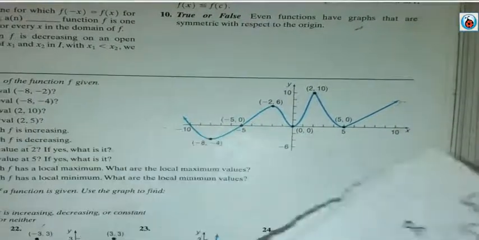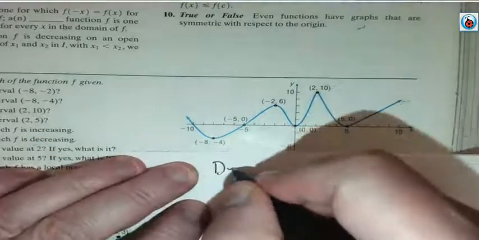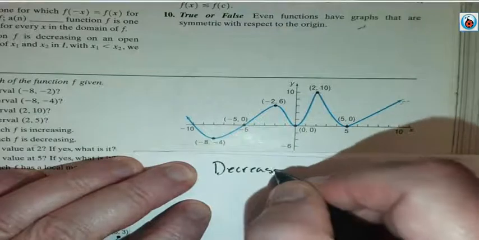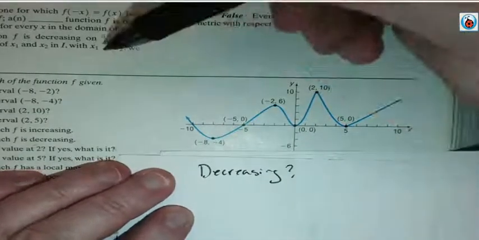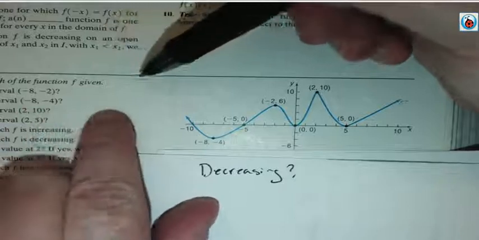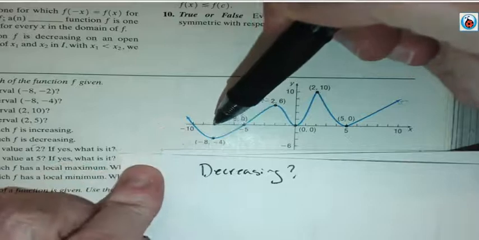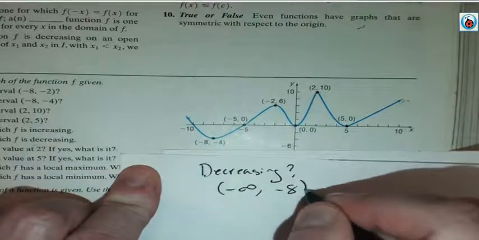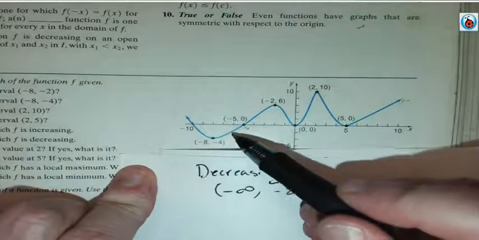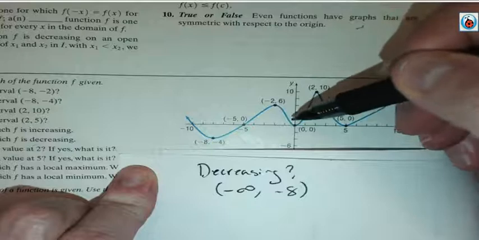Okay, so where is this decreasing? Whenever you move left to right, you're going downhill. So I'm coming in from -infinity and we're going downhill up until x gets to -8. Okay, I'm no longer going downhill, but I'm going downhill when I move left to right on this bit.